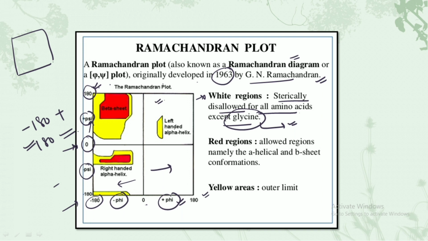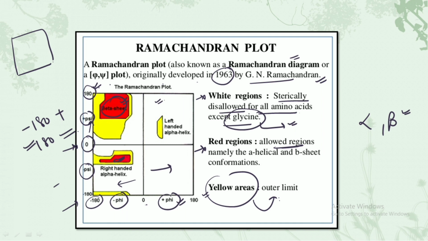Then we have the second region, the red region, which is the allowed region, in which alpha and beta sheet conformation proteins are found. The third one is the yellow region, the outer limit, where alpha and beta are found but to a lesser extent as compared to the red region.